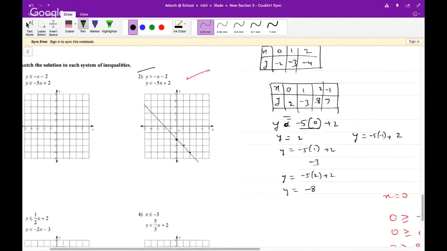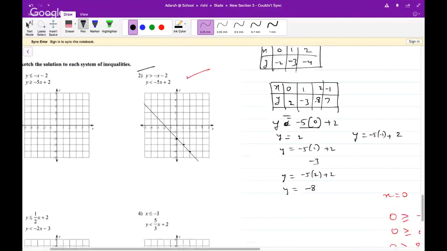So on the same graph, hopefully you can draw. When x is 0, y is 2. When x is 1, y is minus 3. So this point. When x is 2, y is minus 8. We can't draw that, so we'll use only these 2 points to plot our graph.